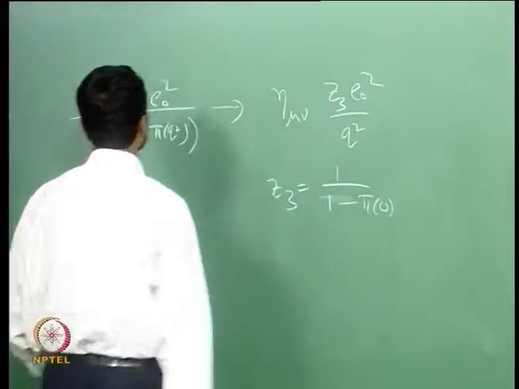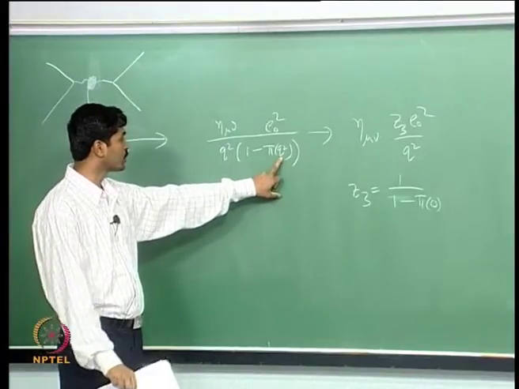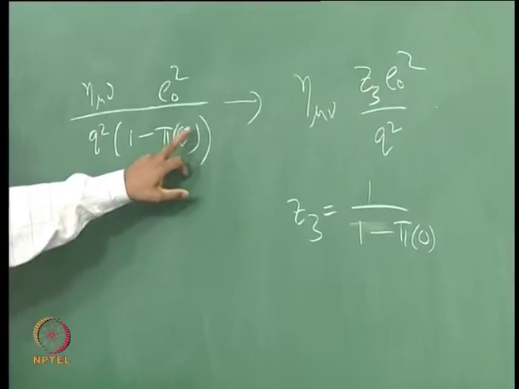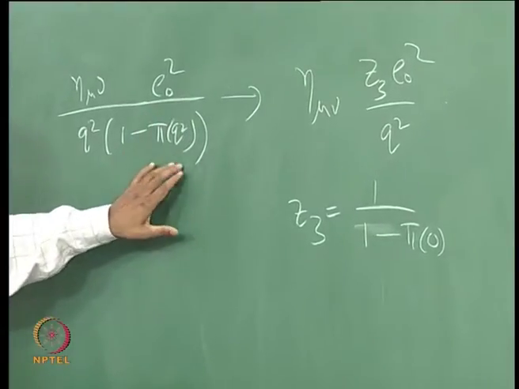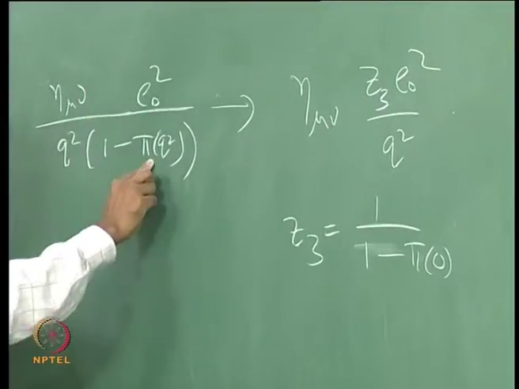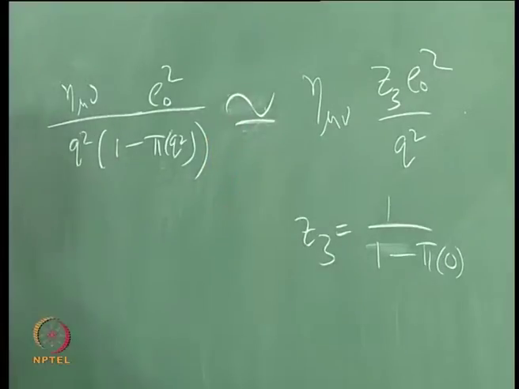So, suppose you are evaluating this near q squared equal to 0, then you can simply replace pi of q squared by pi of 0. Therefore, this quantity is nearly equal to this when q squared is small.